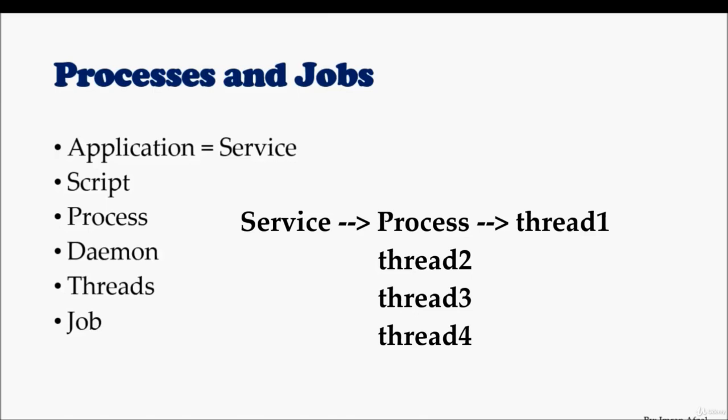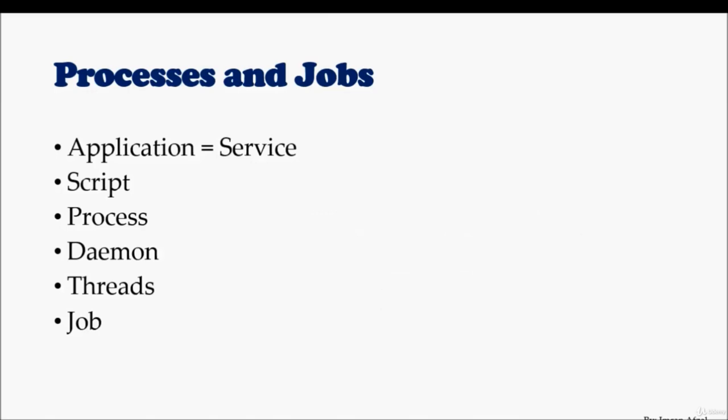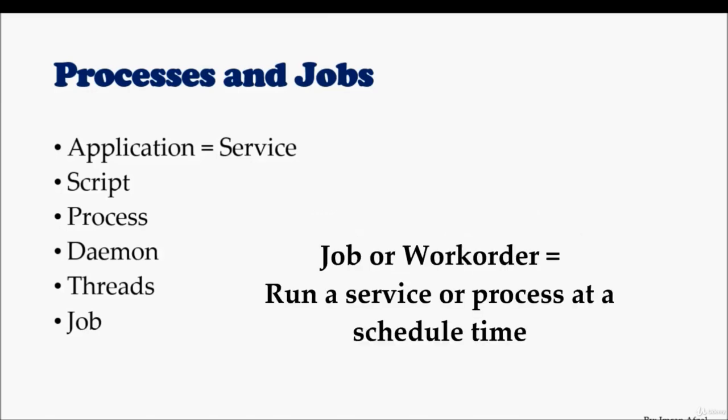If a remote machine tries to connect to you through NFS, it will generate one thread for it, and a second or third thread for other computers that are attaching to it. Then we have a job. A job is something that is created by a scheduler, like a work order, to run those applications and services.